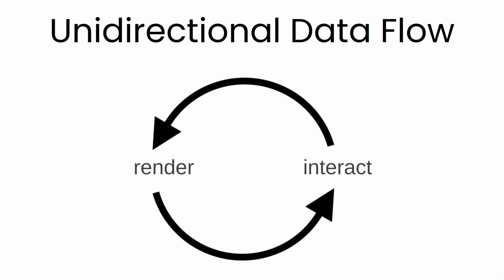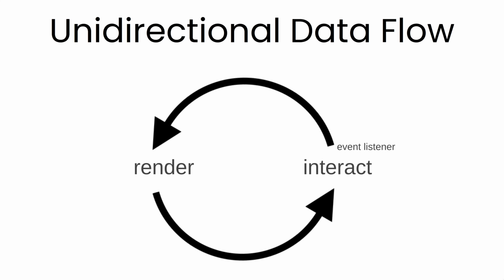The system renders something on the screen, and then the user interacts with that thing on the screen, and that interaction triggers a re-render of what's on the screen. Technically, what happens when you interact is it triggers an event listener for some kind of interaction event that gets fired or emitted.